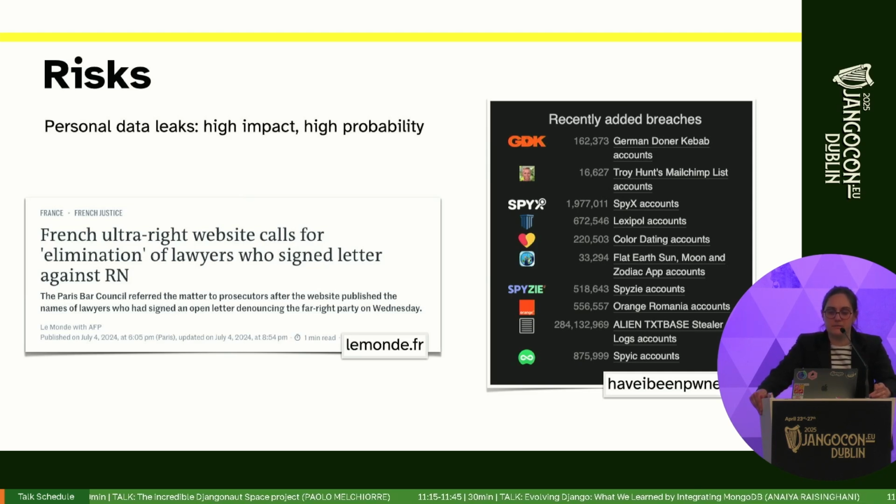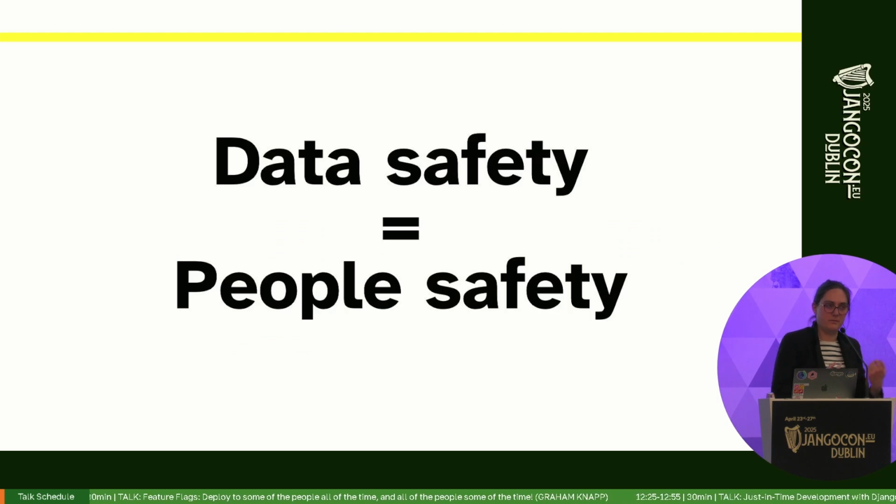Here you have a screenshot of a press article which I took last summer about death threats on some lawyers, and it didn't get better since. So what I would like you to remember is that data safety means people's safety. And this is what the GDPR is truly about.